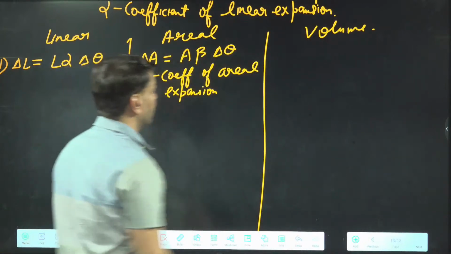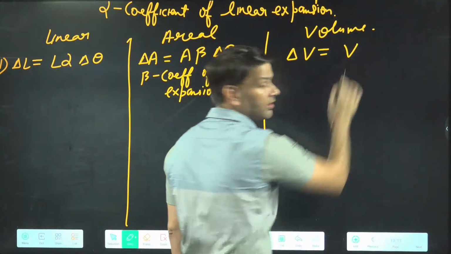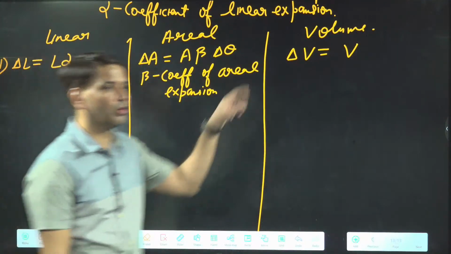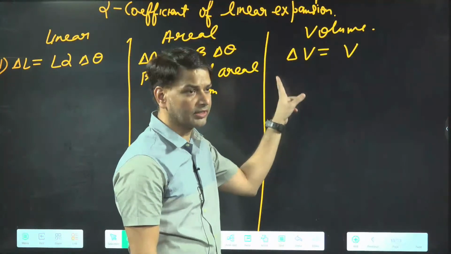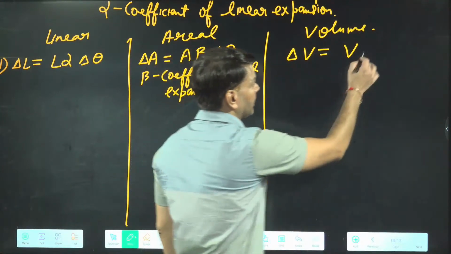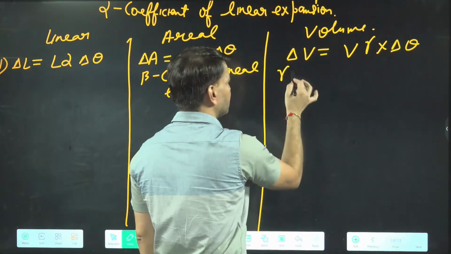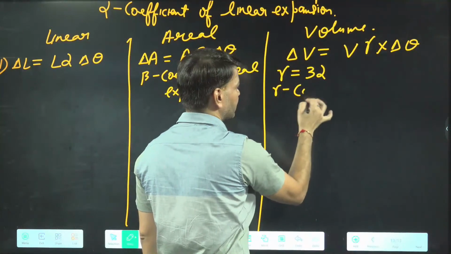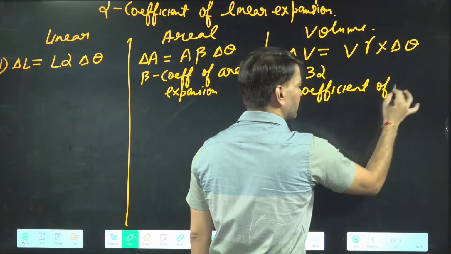Okay, now similarly for volume expansion, what can I write? Delta L is equal to L alpha delta theta, so for delta V, L will be replaced by V. So delta V is equal to V, and here I will take gamma into delta theta. What is gamma? Gamma is equal to 3 alpha, and gamma is called the coefficient of volume expansion.